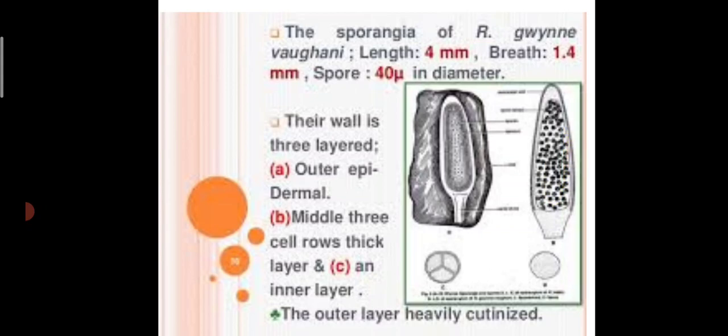This indicates the tetrad manner of its formation. So each of the spores is formed in tetrads, and it is authenticated by the triradiate marking on each of the spores. They don't have any particular type of dehiscence mechanism, so we can imagine that the spores are released after the sporangial jacket decays.